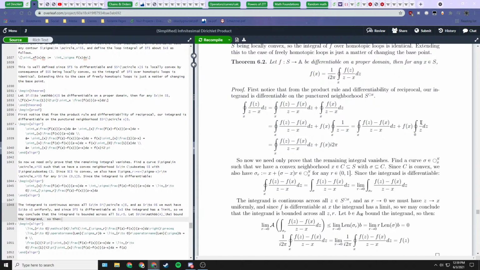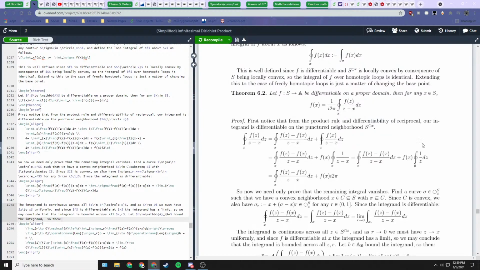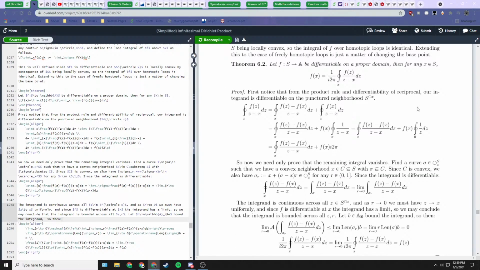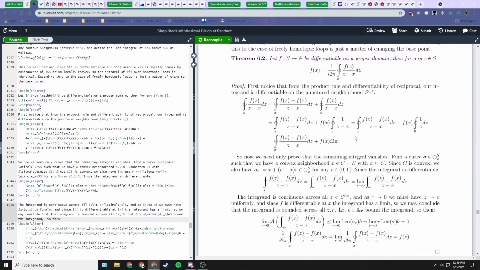But then this is just the circular integral of 1 over z, and this integral is well known. Since 1 over z is differentiable on all of C star, we can just pick a circular loop on the complex plane, and then this is just a complex analysis problem. So we do get i2π.